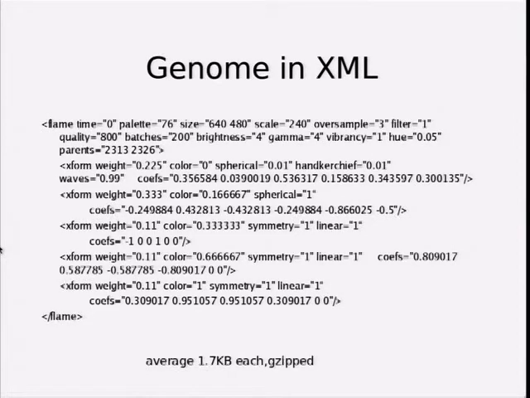And I came up with that number not just by measuring the size of it, but by taking a whole bunch of them and gzipping them, and then measuring that. That's more telling. It tells you how much information is really in the genetic code rather than how many characters it takes to store. So it's really minuscule relative to, say, our genetic code or the genetic code of any real animal or even a plant.